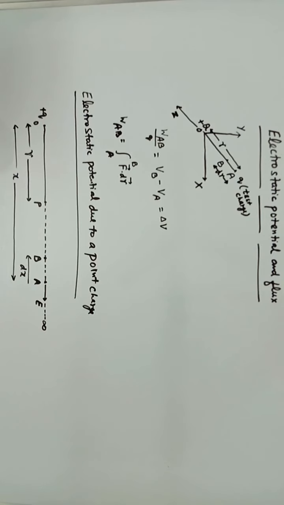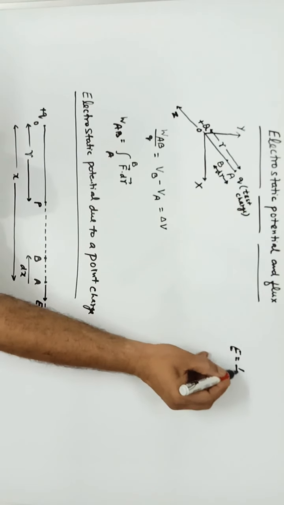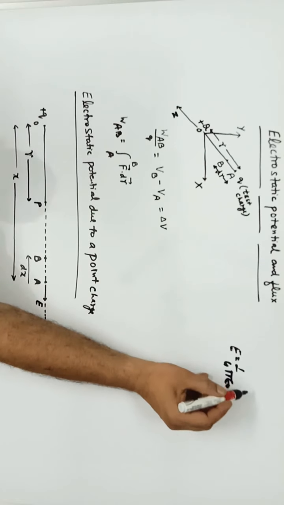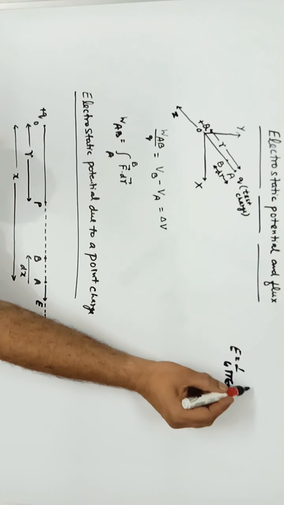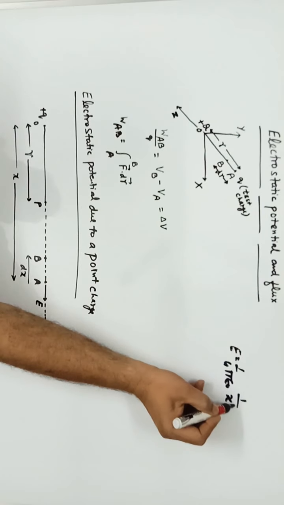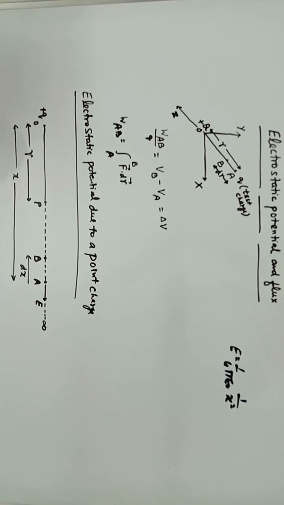The electrostatic force on unit positive charge, E, is 1 upon 4 pi epsilon naught, q upon x square. This is the value of the electrostatic force on unit positive charge along OA.